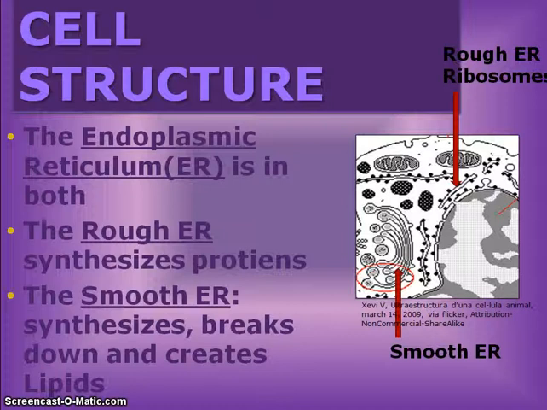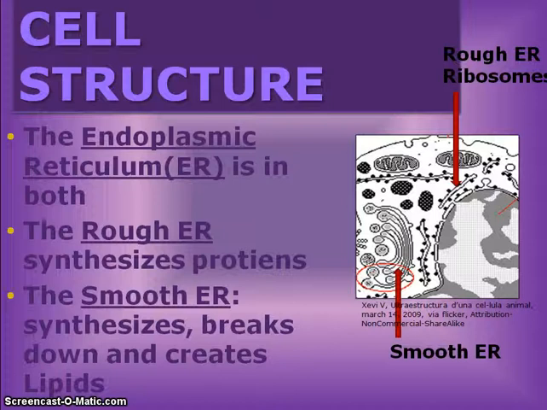So this would be the endoplasmic reticulum, the little tube thing, and the ribosomes are all the little black dots. So it appears rough. Now the rough endoplasmic reticulum is a helper in the protein synthesis process. The ribosomes are the main part of the process, and the endoplasmic reticulum works as a secondary.